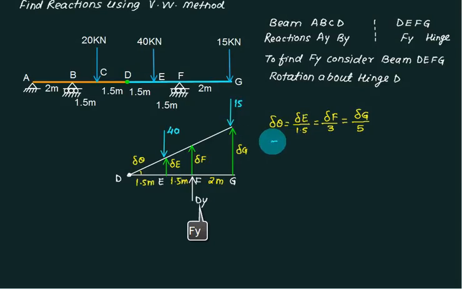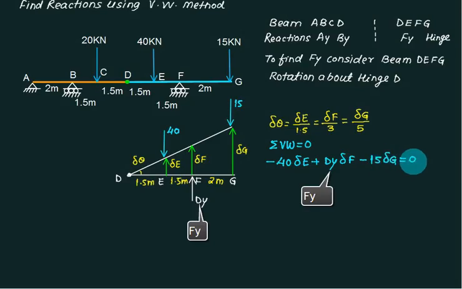Now apply principle of virtual work. If the direction is opposite, sign is minus. If the direction is same, positive. Substitute.